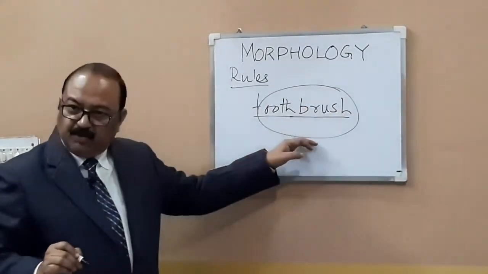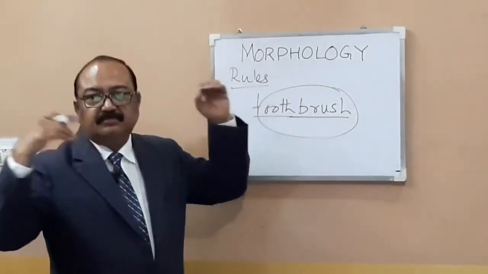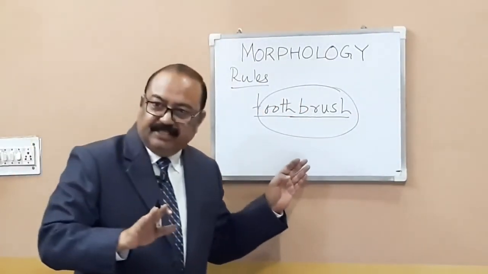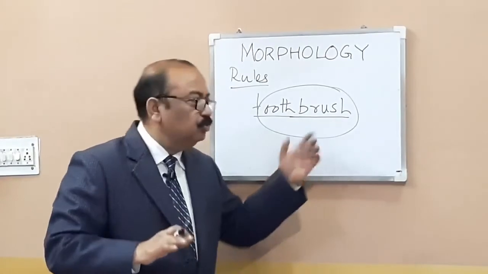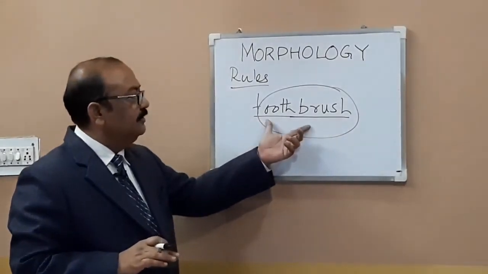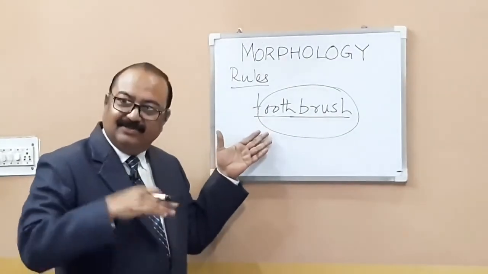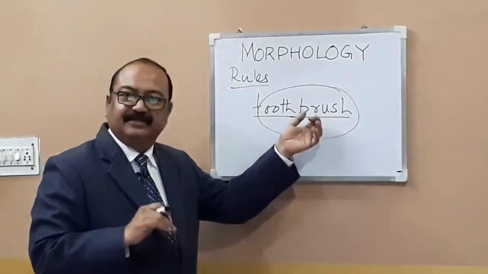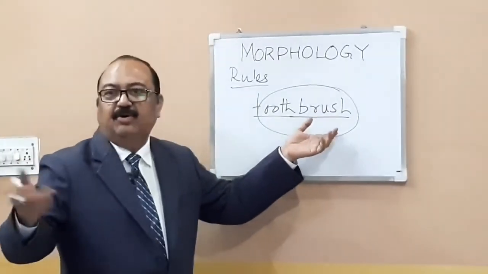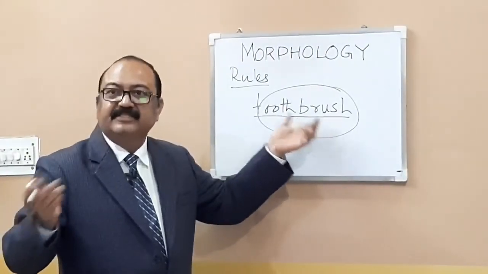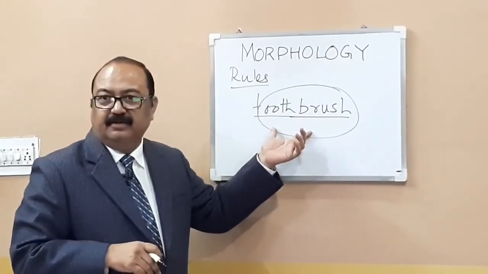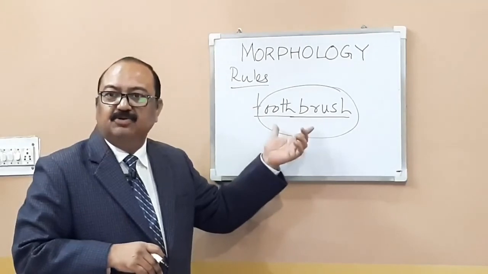So it has to be a new word, an altogether new word with a different meaning. Toothbrush doesn't have anything to do with tooth, and that way, a brush does not have to do with any ordinary brush. It's a specific brush that way. So it is a closed compound word.